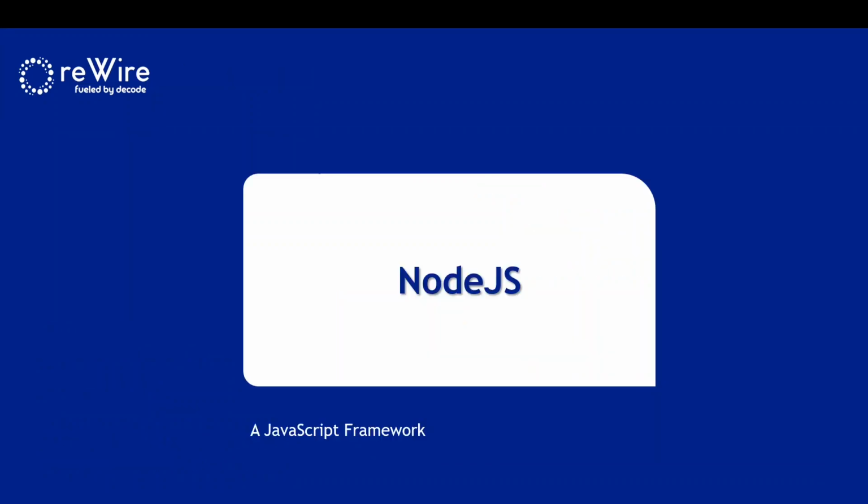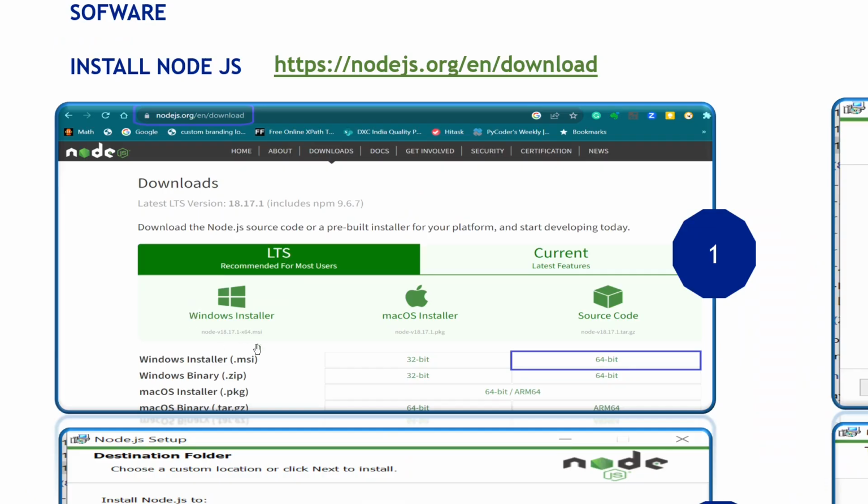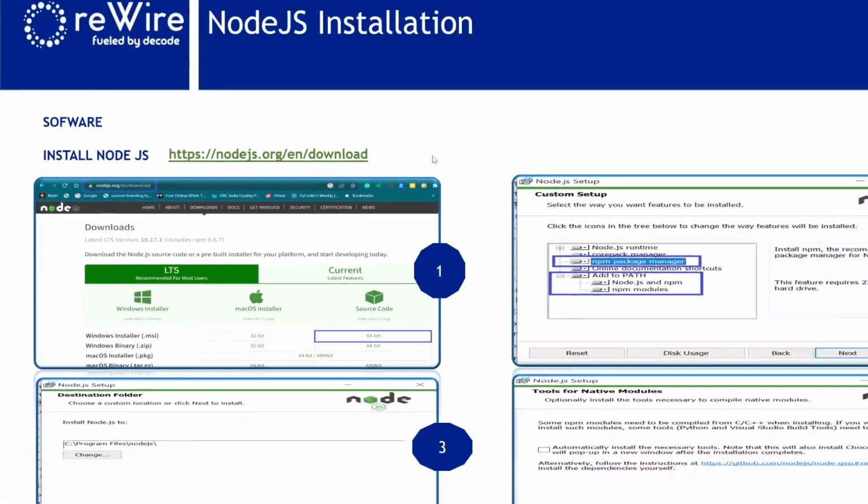So let's start with Node.js, how we can configure it. My system is already configured, but I have captured screenshots so that you can see how the user interface looks.